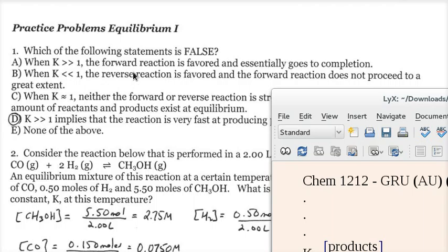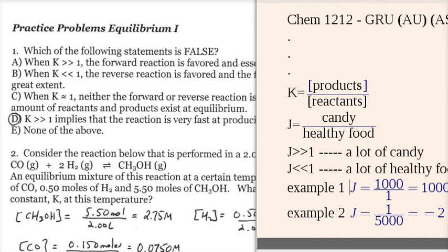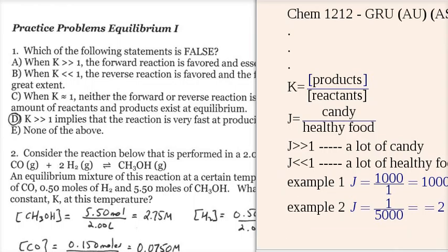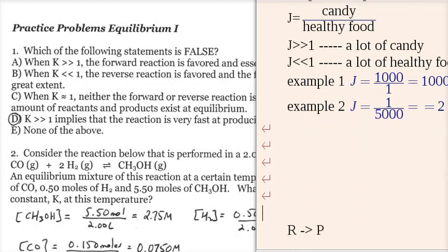So that means forward reaction is favored means the products are favored, because chemical reactions are written from left to right, reactants to products. So forward reaction would be going to products, and yeah.